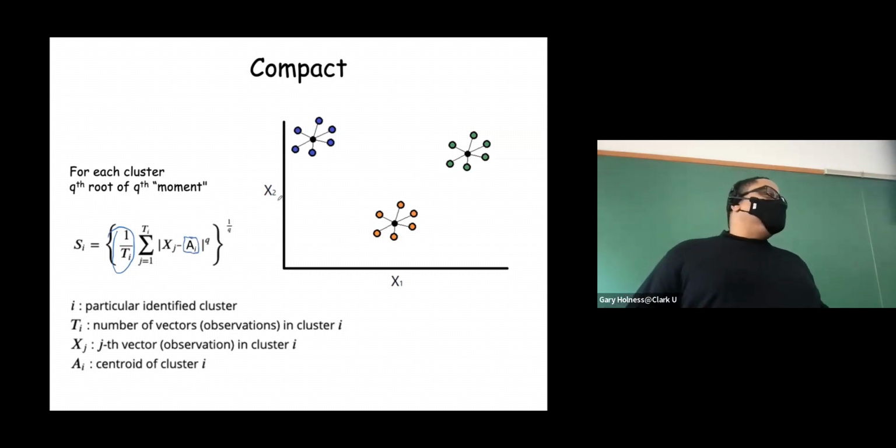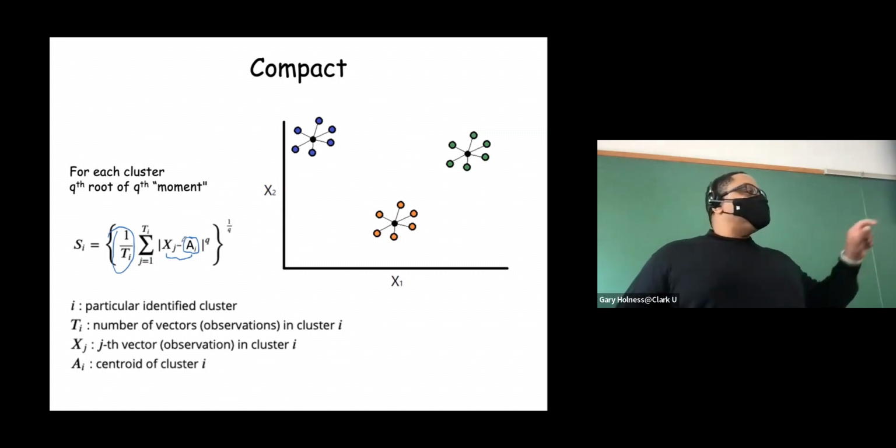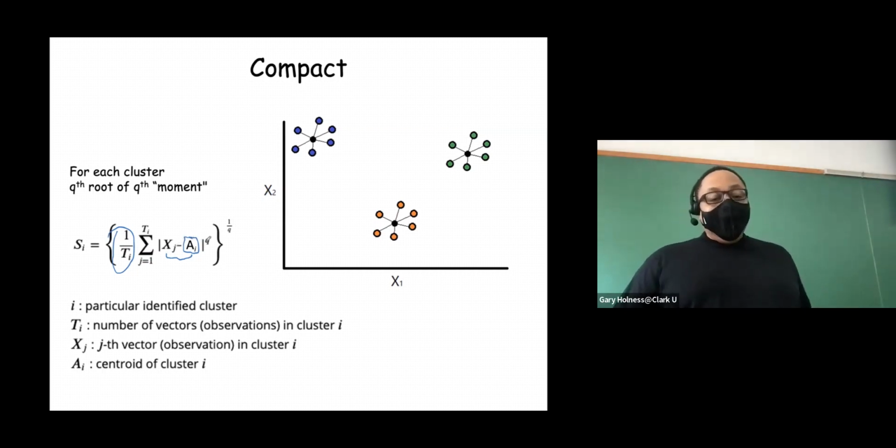Depending on what you look at, the notation is going to change. So we take the distance between each point in the cluster and the cluster center. We take the magnitude. We care about the distance, but not if it's on the negative side or the positive side. We exponentiate that to some value Q. We sum together those exponentiated differences, and then we take the root of that.